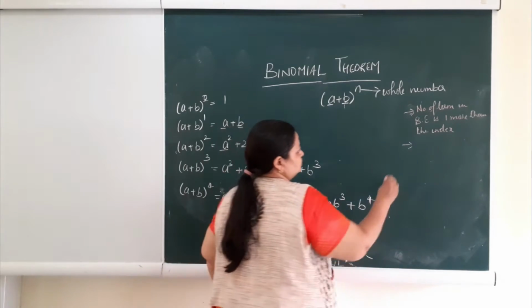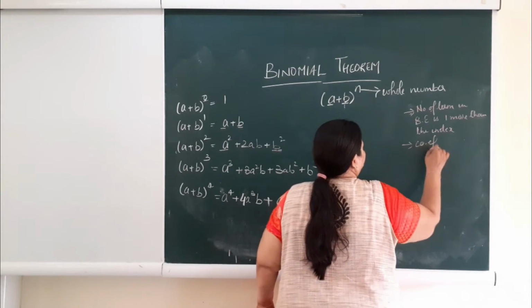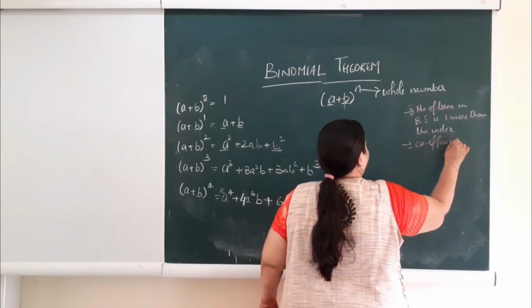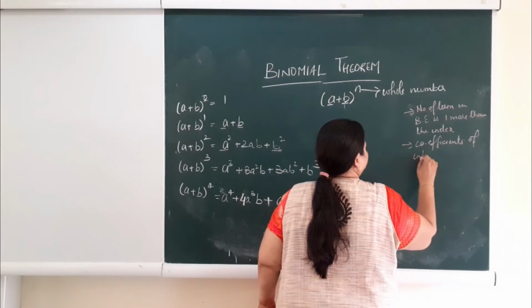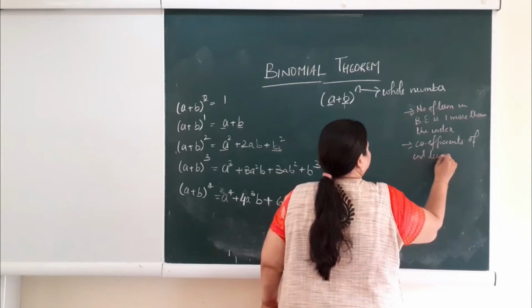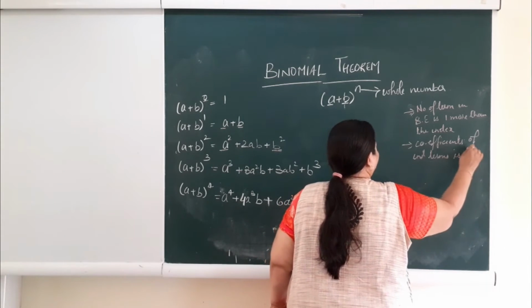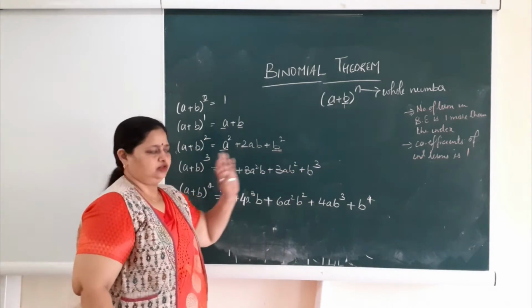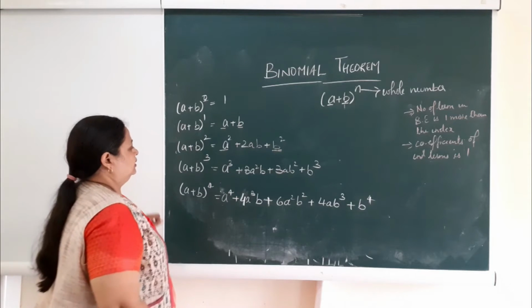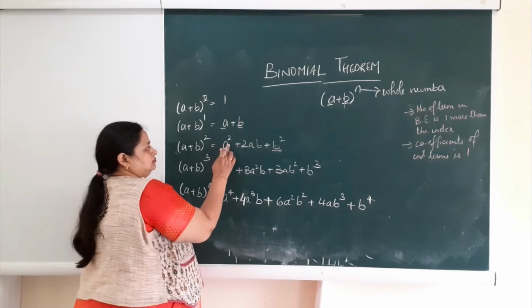So the coefficient of the end terms is 1, at the beginning and at the end also. Now see one more thing.